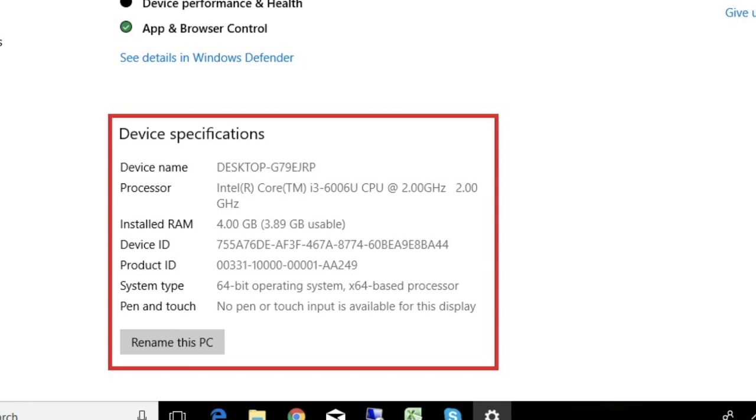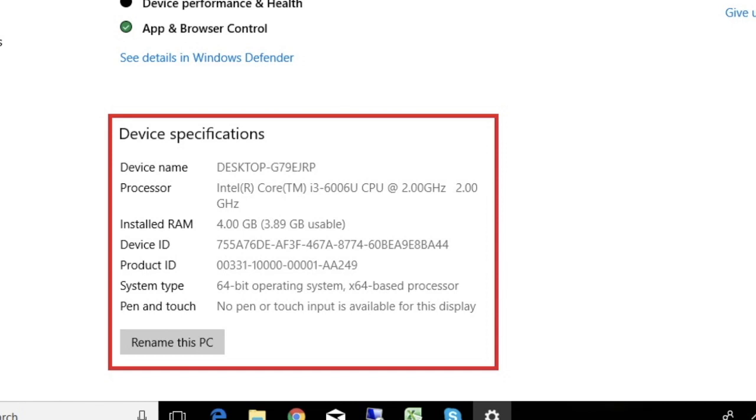That's how to know the speed of a processor. And when you buy any system, you always see this information. So we proceed.